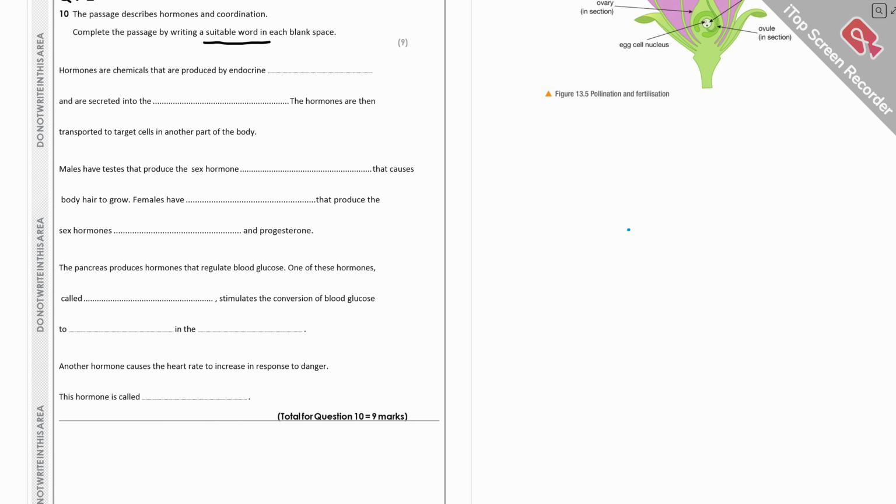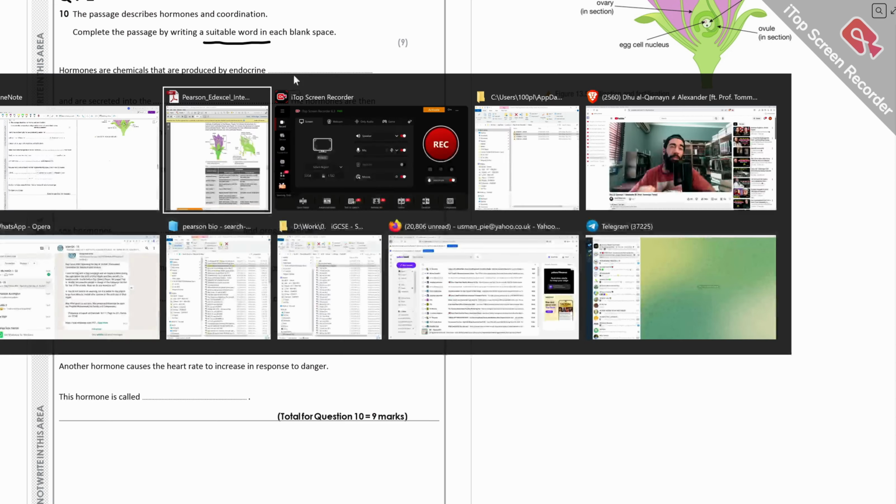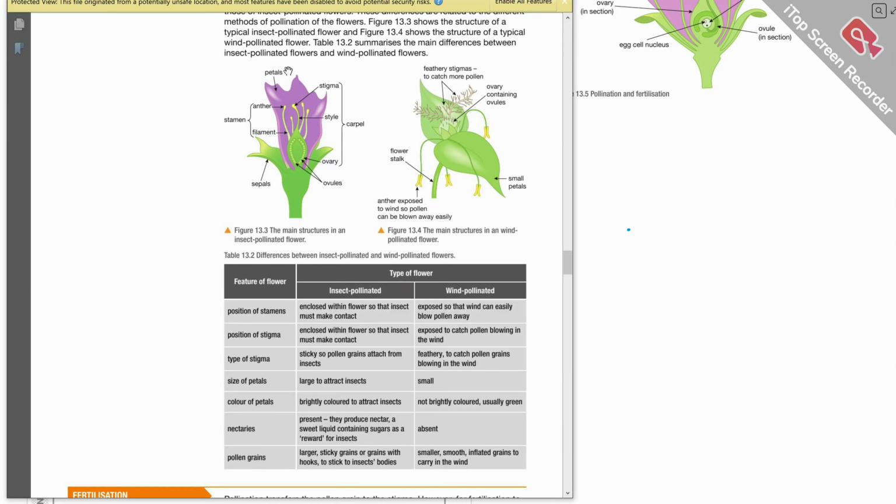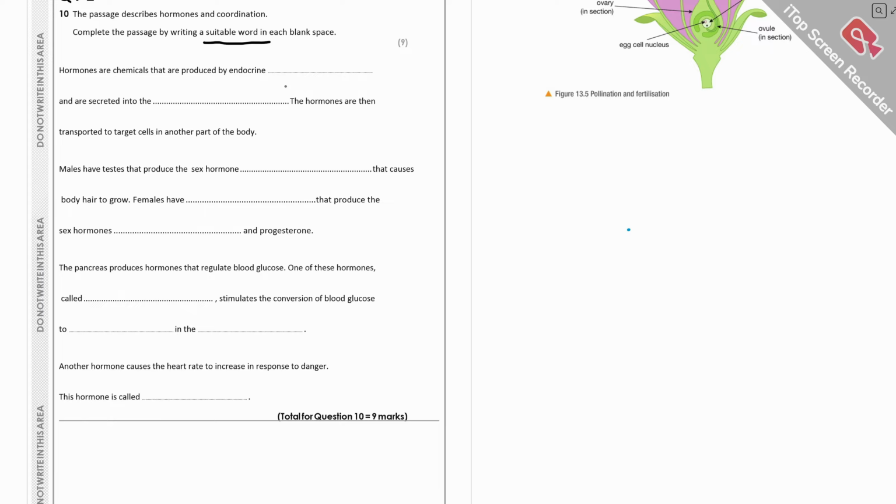Hormones are chemicals or chemical messengers that are produced by the endocrine glands. Glands is better.